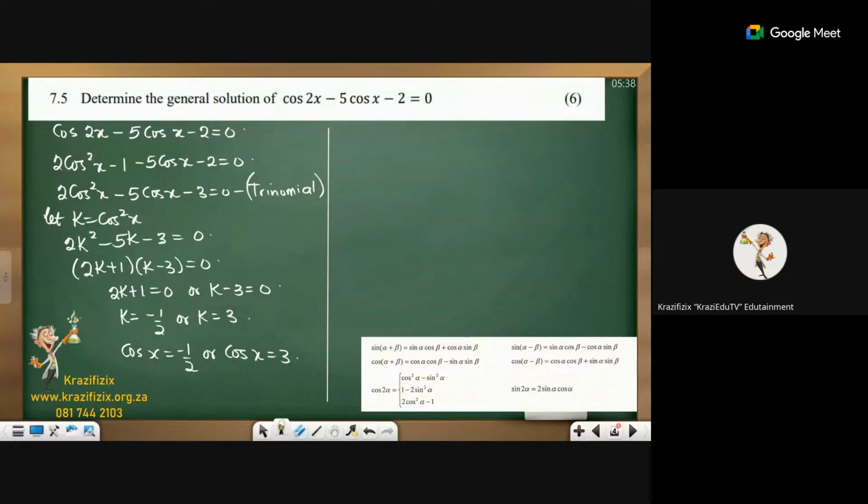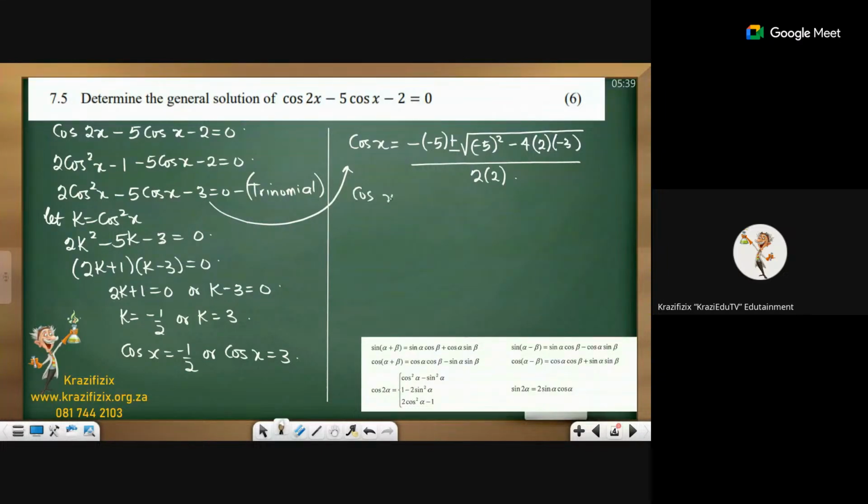A learner can jump straight to saying cos x equals minus b, minus 5, plus or minus the square root of b squared, minus 5 squared minus 4 times a, which is 2, and c, negative 3 over 2 multiplied by 2. I promise you, use your calculators. Cos x equals negative half, or cos x equals 3.